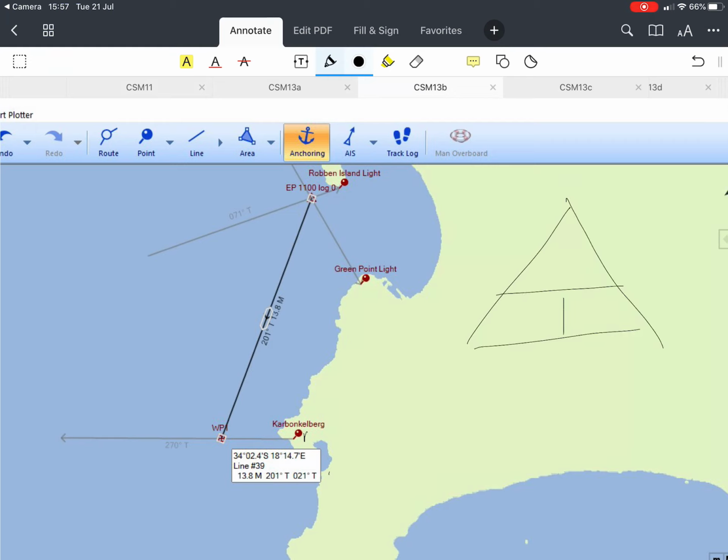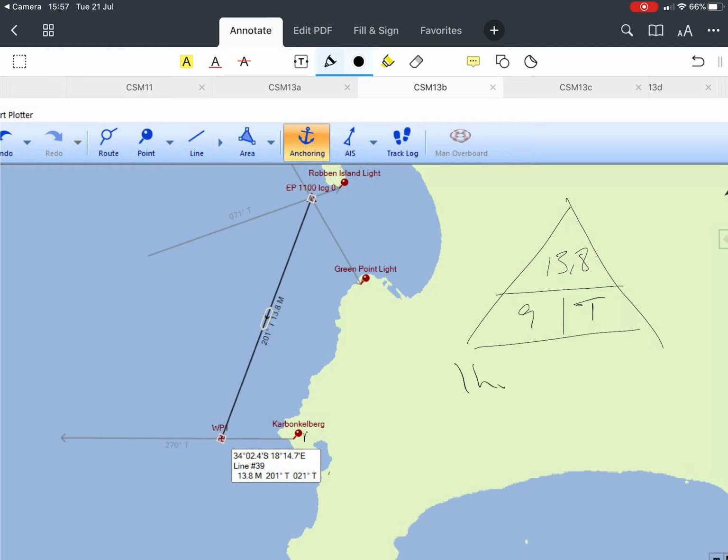Okay, 13.8, 9, and we're talking about 1 hour. Sorry, we're trying to find our time. So time is going to be 13.8 divided by 9.